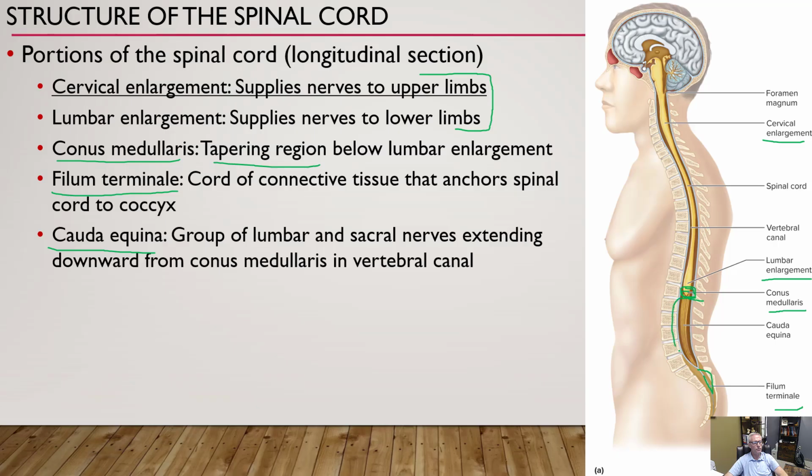That's a bunch of nervous tissue, a group of lumbar and sacral nerves that extend past the L1, L2 space in the vertebral canal. Cauda means tail, and equina means horse. Some anatomist, when they dissected, thought that this group of nerves looked like a horse's tail, so that's how they came up with cauda equina.